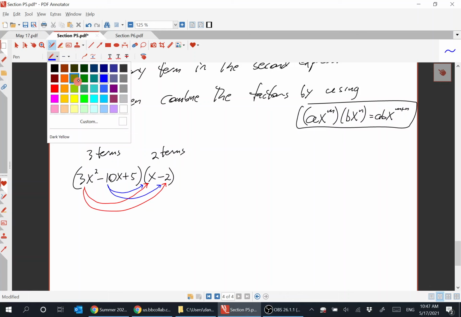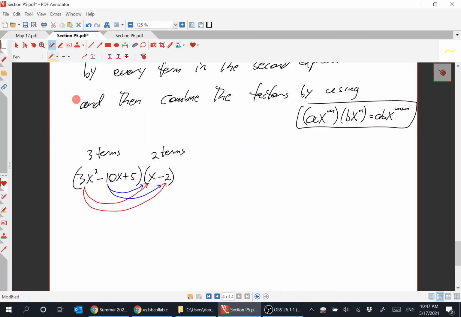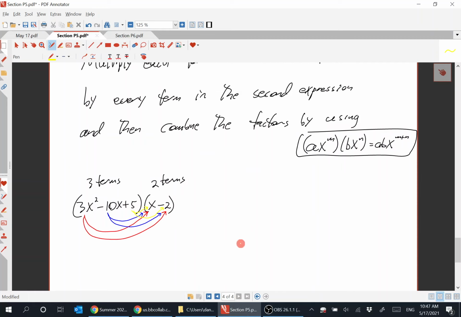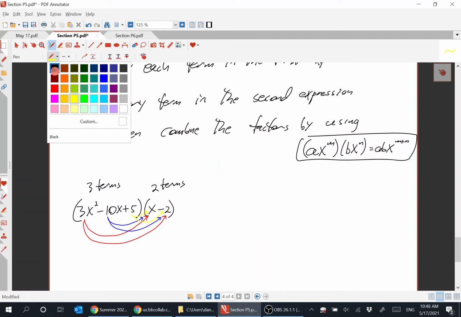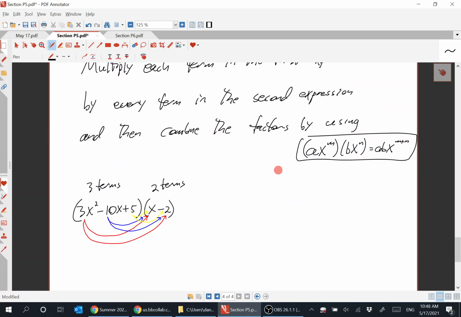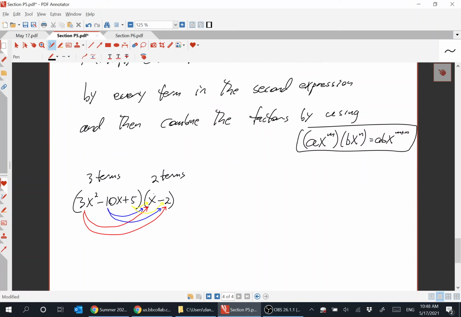And the 5, what color should I use here? Red, blue, yellow, is going to get multiplied by the x and by the minus 2. Combine factors using this and then add.